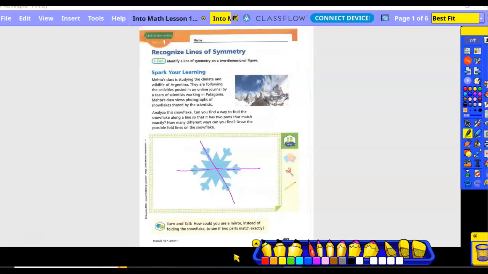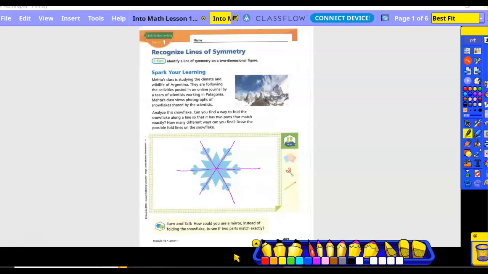Would that also create a line of symmetry? Yes. What if I went from this tip of the snowflake to this tip of the snowflake? Would that also work? Yes. Okay, so basically, if we would cut out this snowflake and we would fold it on these lines, would both sides match up? Yes. So it created a line of symmetry there.